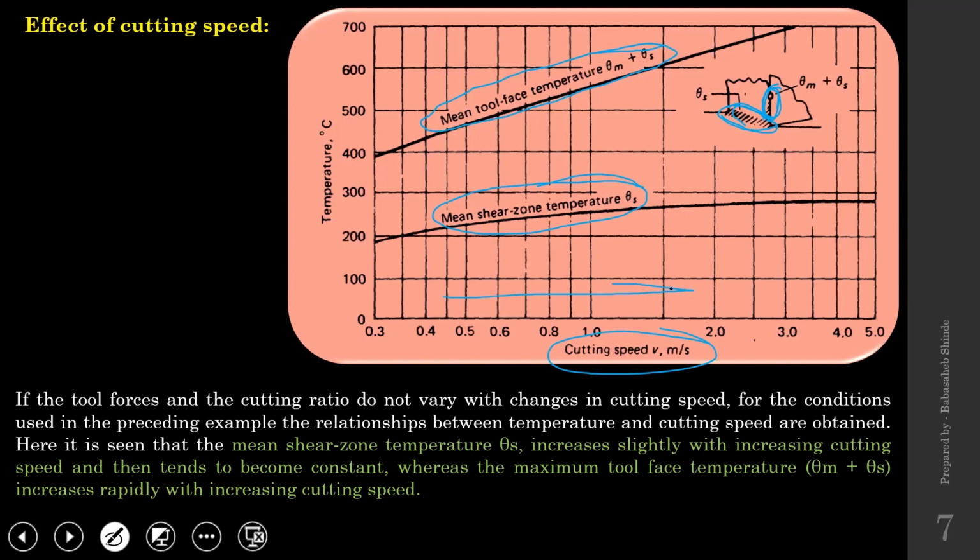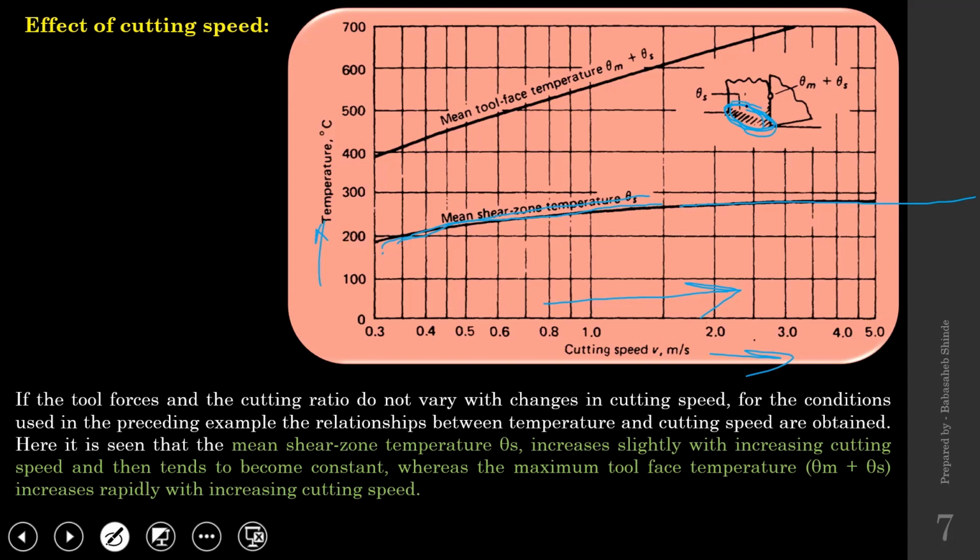So when you increase cutting speed, if you consider the first one, that is phi s, temperature in this primary zone, that increases slightly. That increase is not that much. You can see temperature along this y-axis and cutting speed along this x-axis. So when you increase the cutting speed, temperature in this primary zone increases slightly, and after that it almost remains constant. That is in case of primary shear zone.